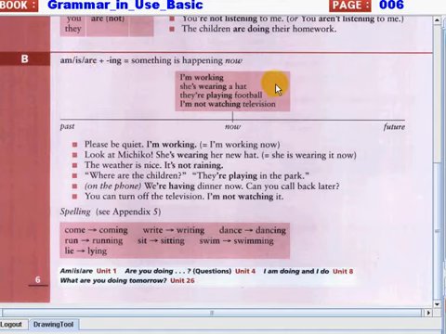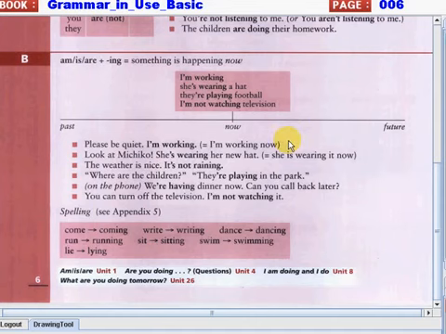For example, I'm working. She's wearing a hat. They're playing football. I'm not watching television. So all the actions in those sentences are happening now, not in the past, not in the future, but now.